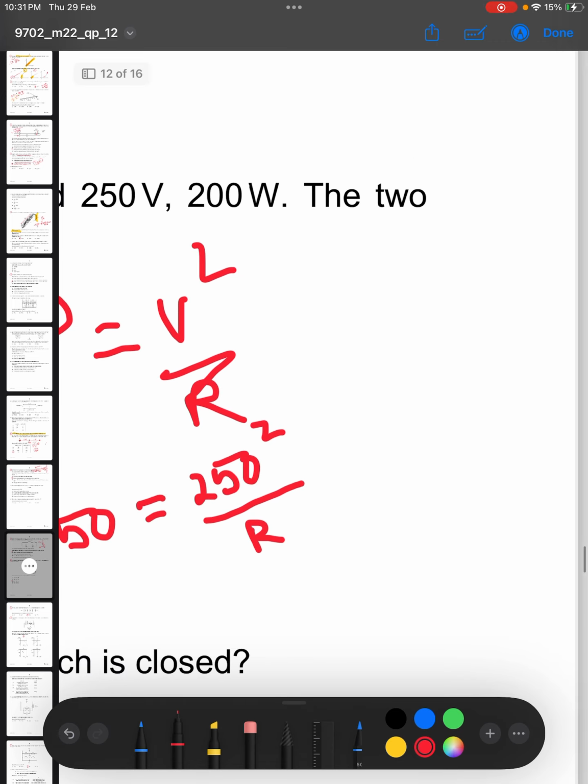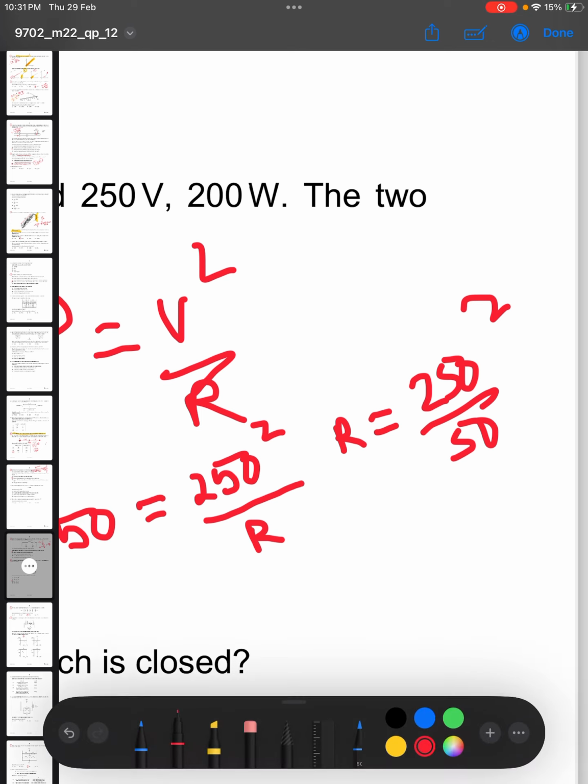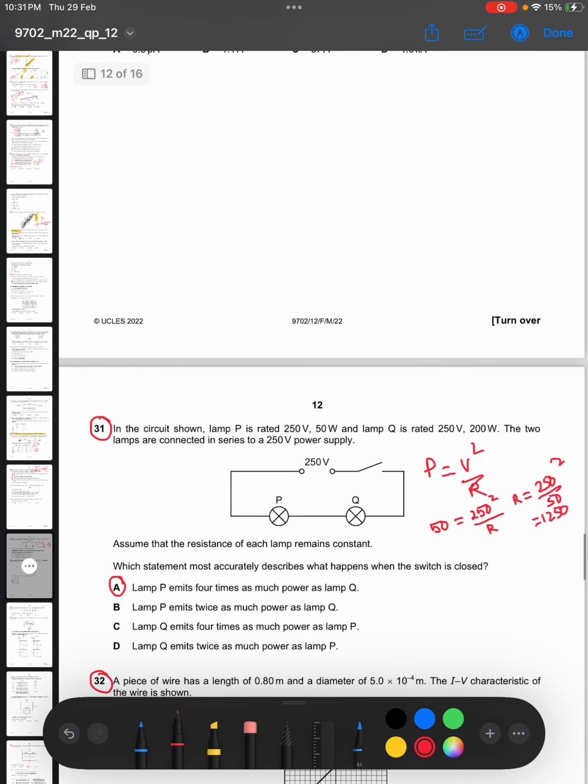R therefore will be equal to 250 squared divided by 50. That gives us 1,250. That's the resistance of lamp P.